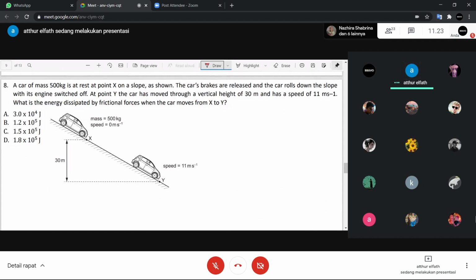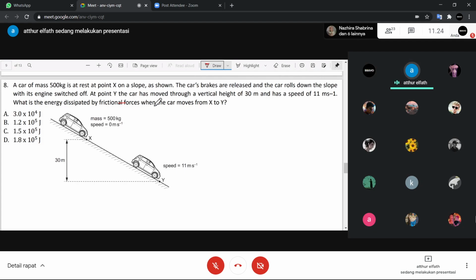I think number 8 is the same as number 5, because we will use the same way. In this question, what is the energy dissipated by frictional force when the car moves from x to y?